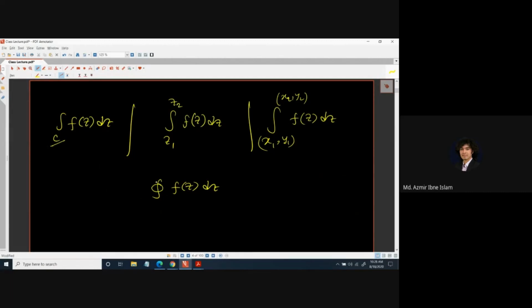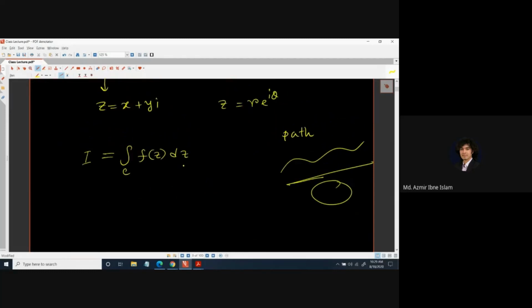Instead of c, it may be written as this closed integral. Okay, so these are the types you will see in complex integrals. They are apparently looking different, that is, the first integral is different than the second one, third one, and fourth one, but actually the process of solving is the same.